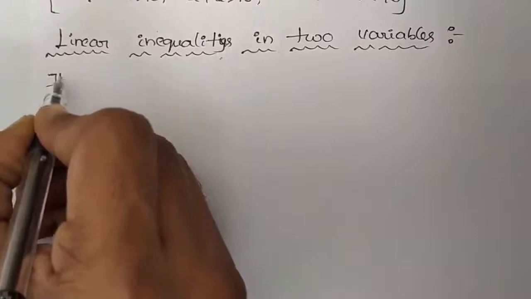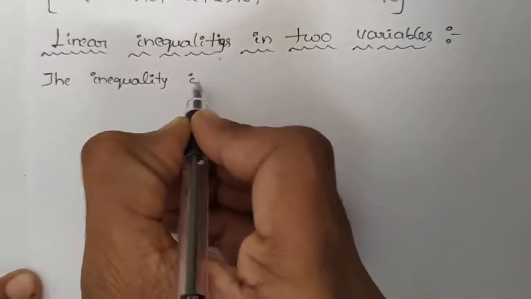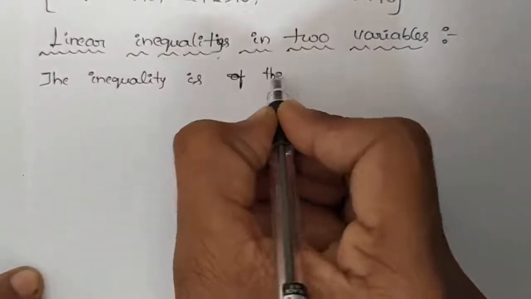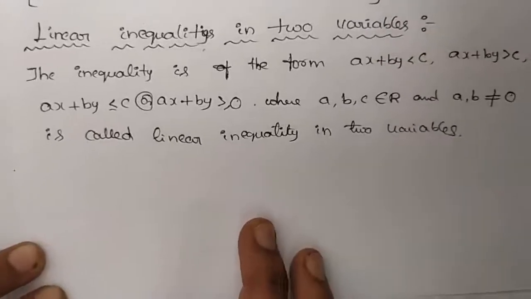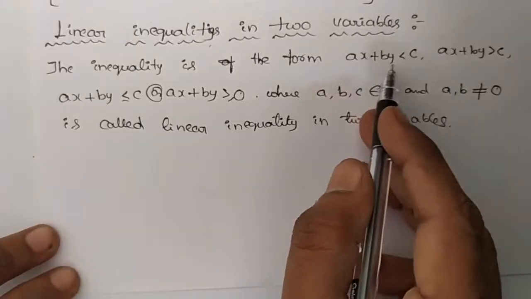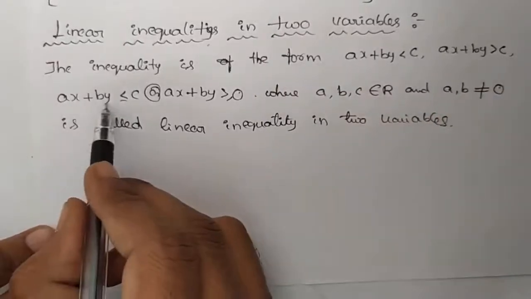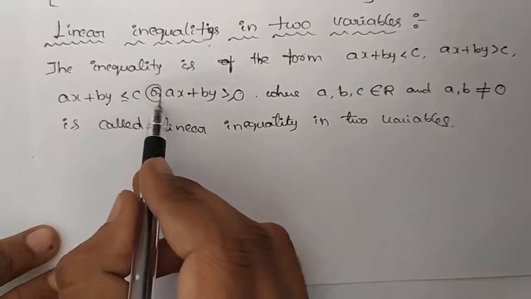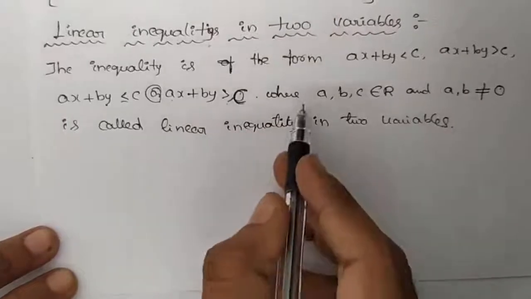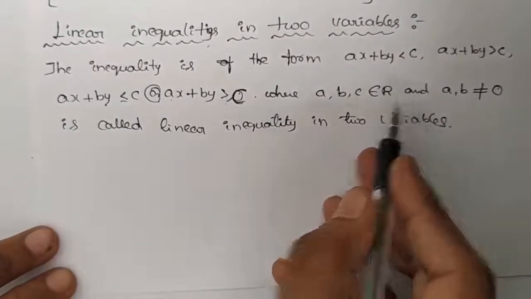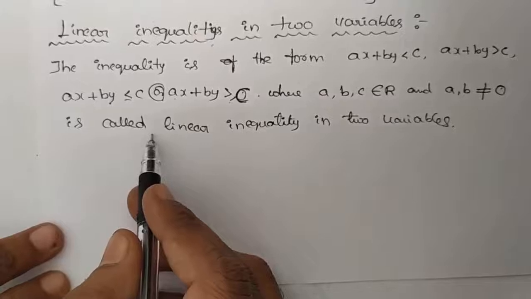The inequality is of the form ax plus by less than c, ax plus by greater than c, ax plus by less than or equals to c, or ax plus by greater than or equals to c, where a, b, c are real numbers and a, b should not be equal to 0, is called linear inequality in two variables.